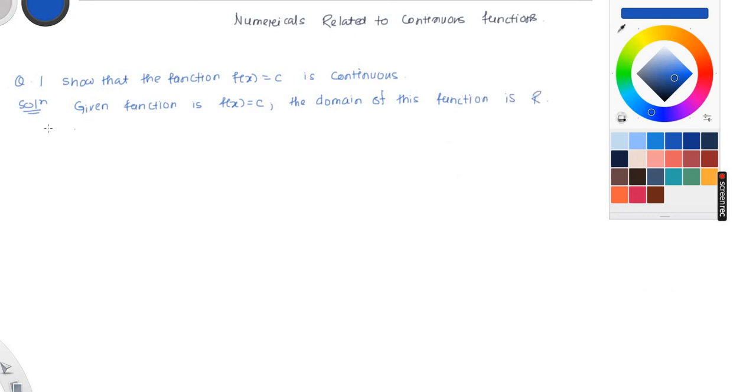Okay, so let c belong to the domain of the function, c being any arbitrary point.